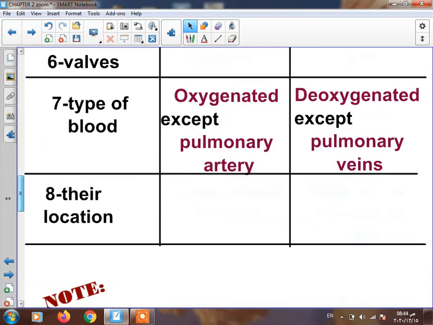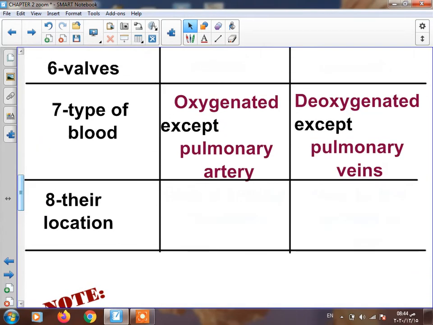Okay, what about the location of both of them in our bodies? We know the artery is connected directly with the ventricle, which is the lower chamber, and the vein is connected with the upper chamber, which is called the atrium. This connection is with the heart, but where are they found inside my body? I will ask you the same question again. The blood moves inside the artery with more pushing, more force, more speed.